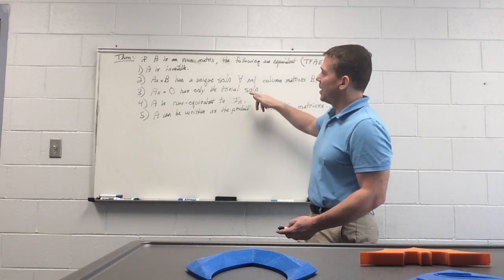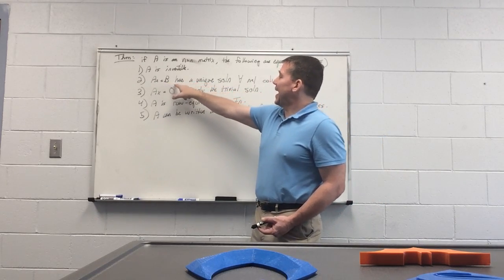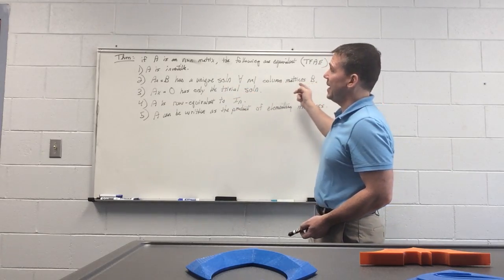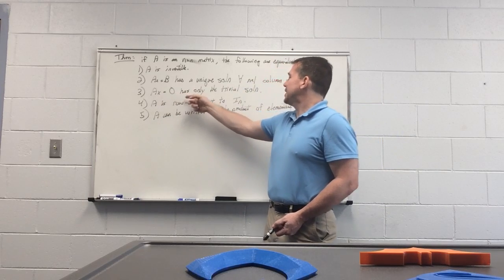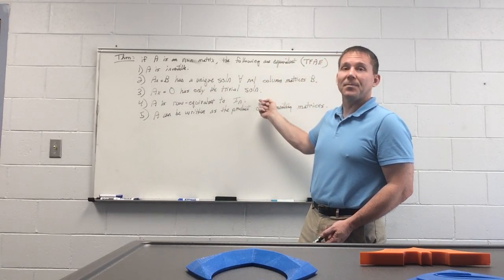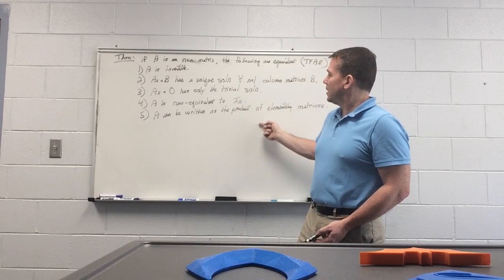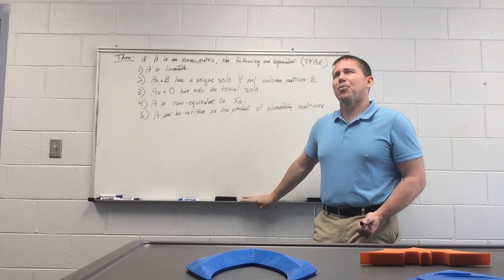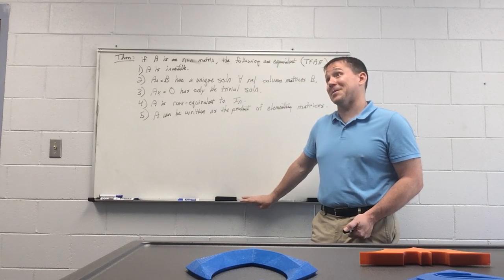So that's done. If we assume AX equals B has a unique solution for all column matrices B, then clearly this can only have the trivial solution. We understand that I can write these things as products of elementary matrices.